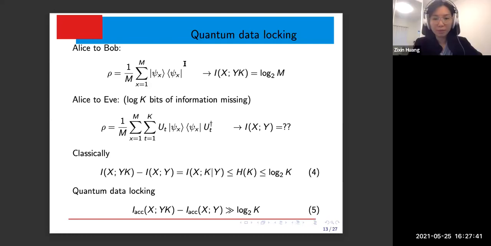Okay, so the short answer, and maybe also the long answer, is that in 4, all the variables are classical, so all the states are classical, whereas in 5, you are embedding your classical variables into quantum states. And so that's the quantum data locking effect.